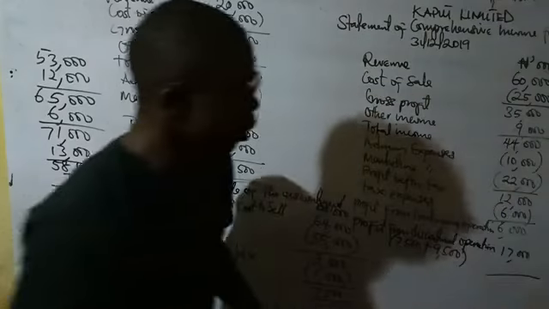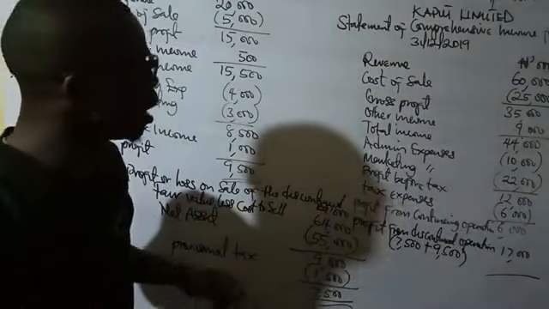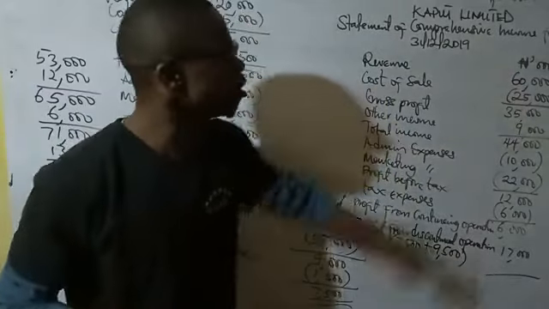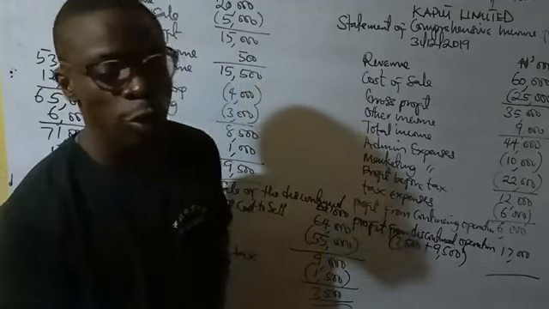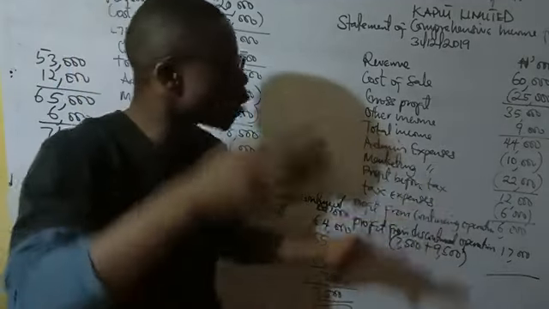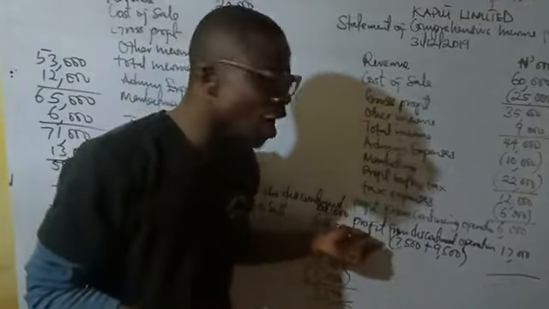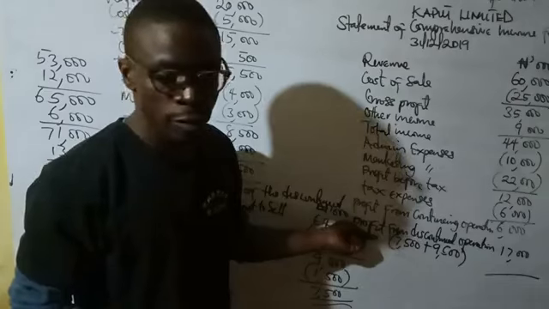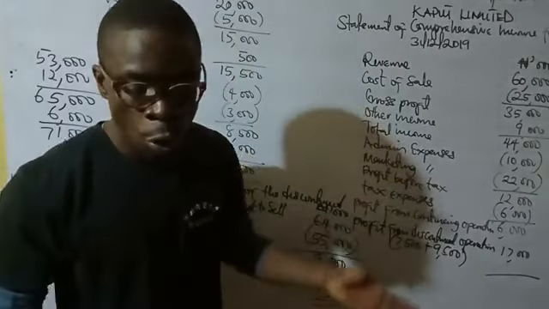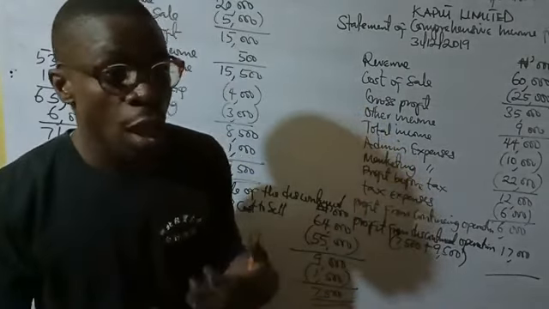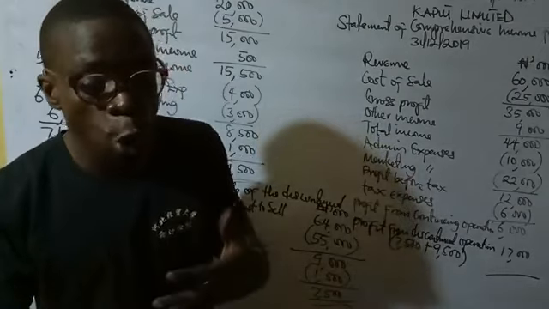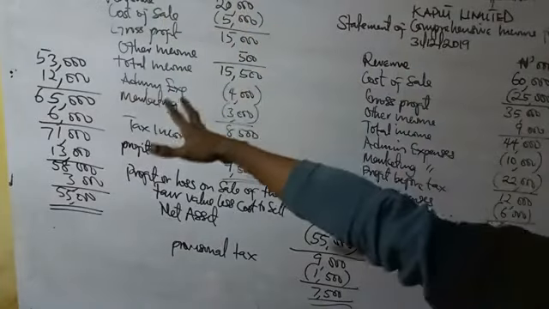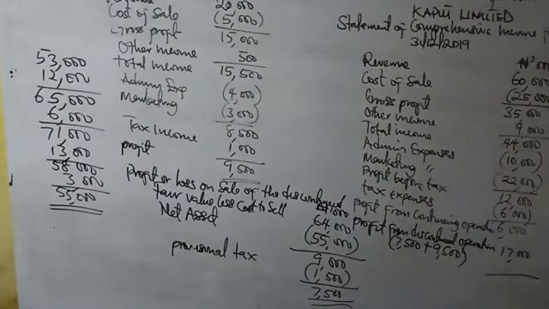Can you see now? That means the discontinued operation is not actually included in the statement of comprehensive income or statement of profit or loss. That means you calculate it as a working. If they have made a profit or loss, you now bring it to this place. After you have calculated your whole revenue or profit for the continued operation, you go and do the discontinued operation as a working. Am I communicating?